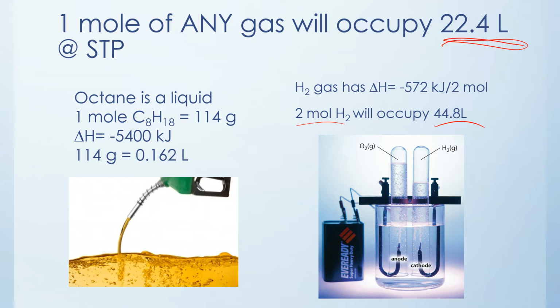To compare that to octane, which is gasoline, 1 mole of that, because it's a liquid, will give you significantly more energy than 1 mole of hydrogen. And the volume that a whole mole of octane occupies is significantly less than 22.4 liters.